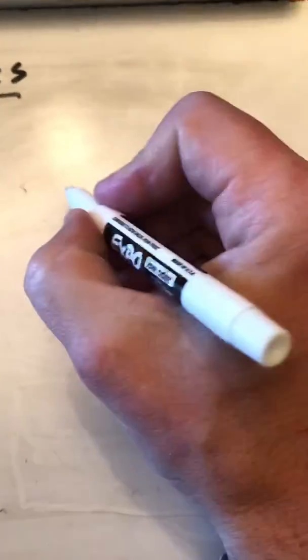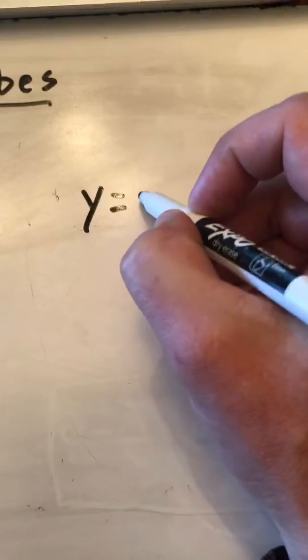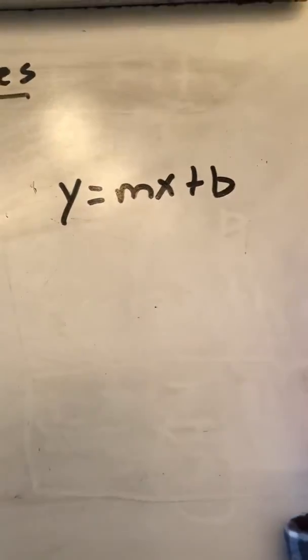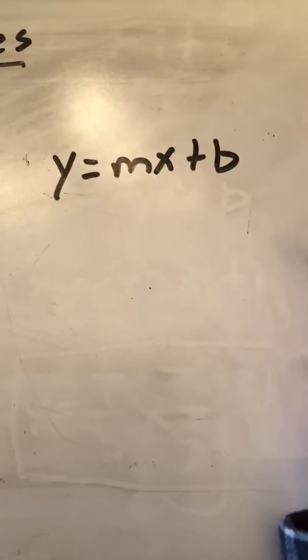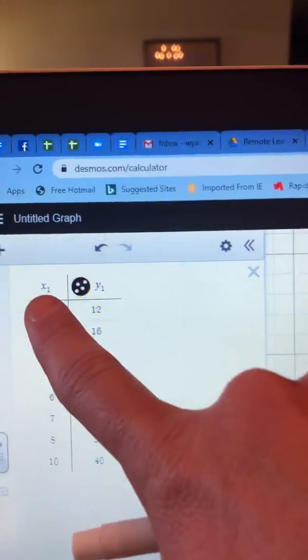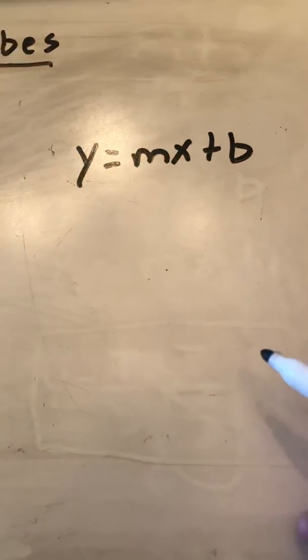We go back to it. My equation for any linear equation is y equals mx plus b. But if you remember back to our first video, since it's in a table here in Desmos, y has to be y sub 1, x has to be x sub 1, and I have to use the little squiggly line because I'm finding the approximate value of the line, not the exact.